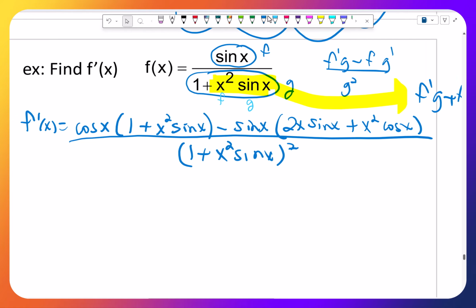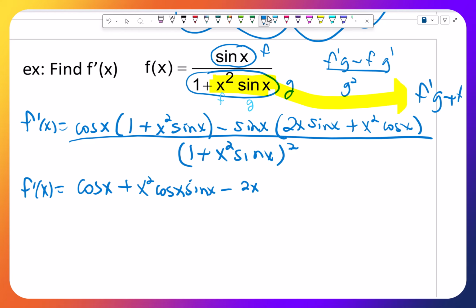Do you think we can leave it like this? No, we cannot. So I'm going to get rid of the parentheses. That's always what I do first, just to see what's going on. Cosine times 1 is cosine. Cosine times x squared sine would be, and I'm just going to put the x squared first, x squared, and just put the trig stuff after. It's multiplying, so it doesn't matter, right? Okay, so then I've got sine times sine.